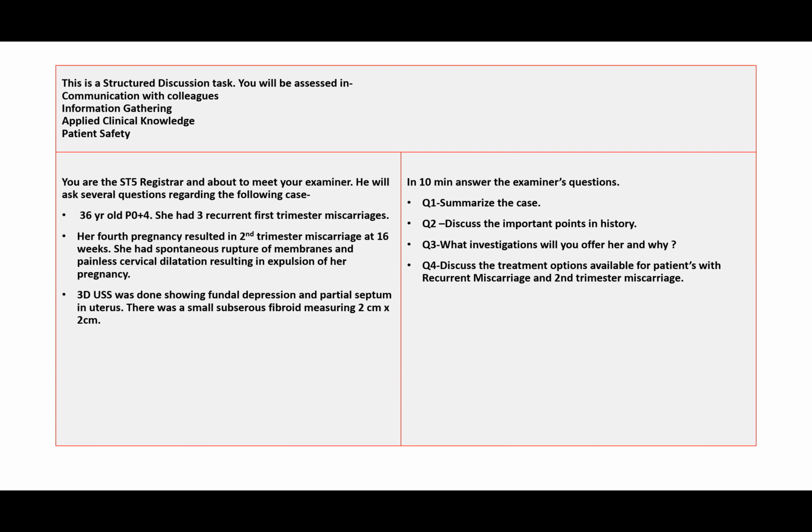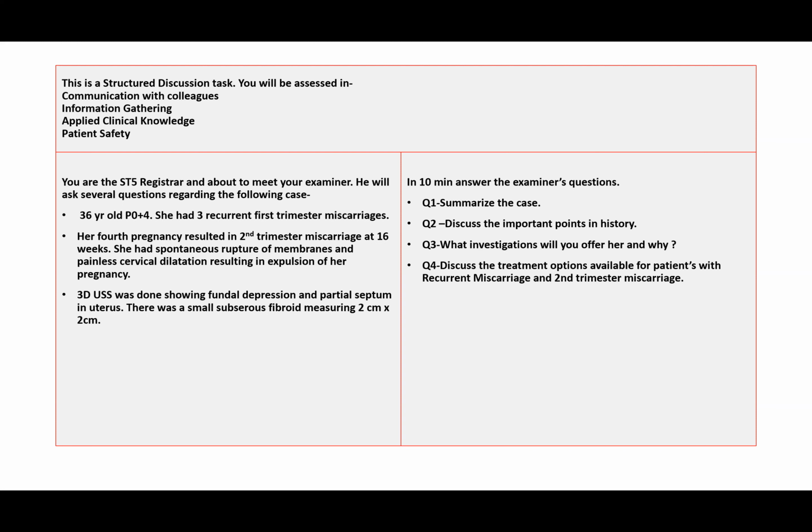Then I would like to examine her in the presence of a chaperone with her permission. Check her pulse, blood pressure, temperature, and her abdomen for any mass or tenderness, and per-vaginal examination to check for any sign of infection.